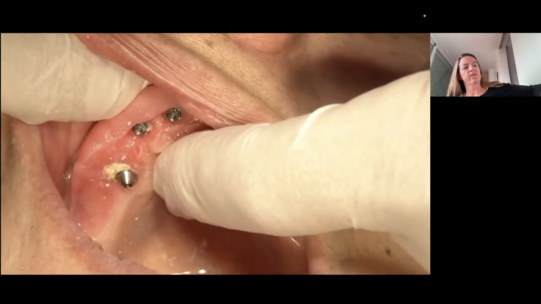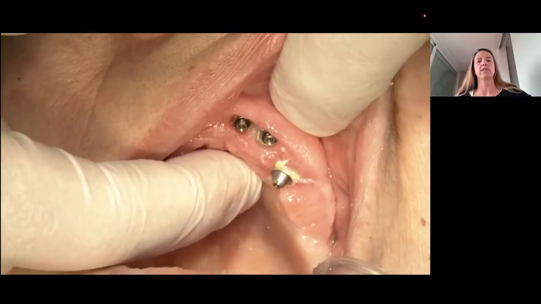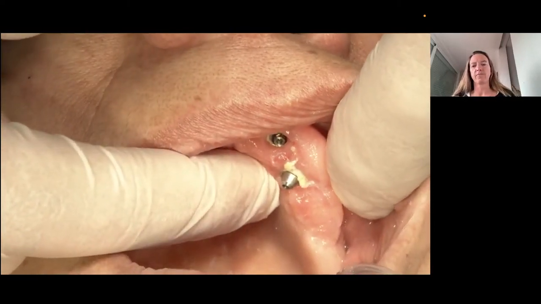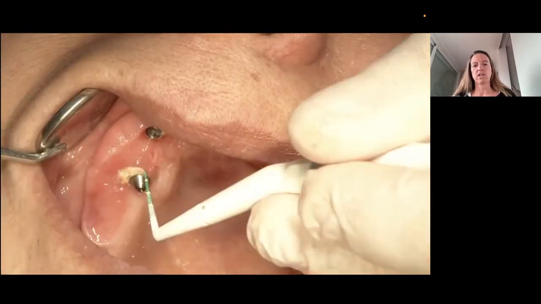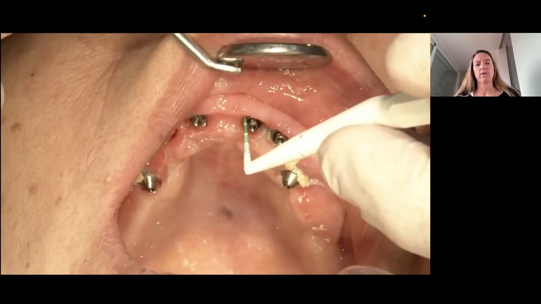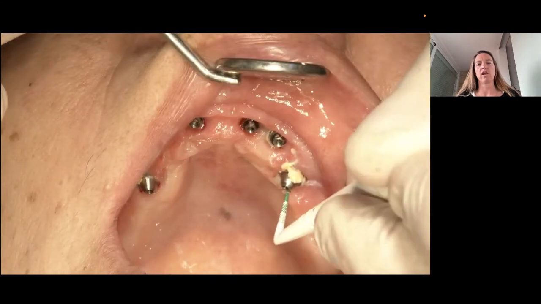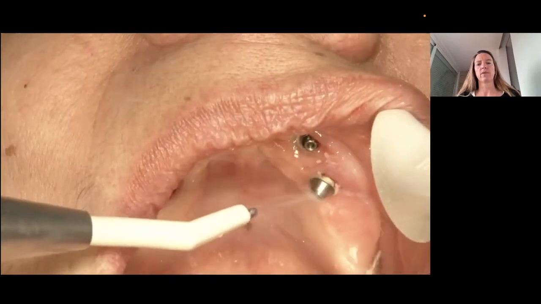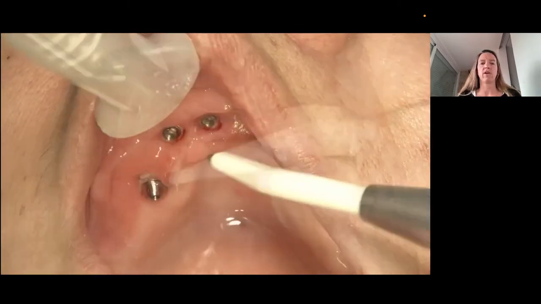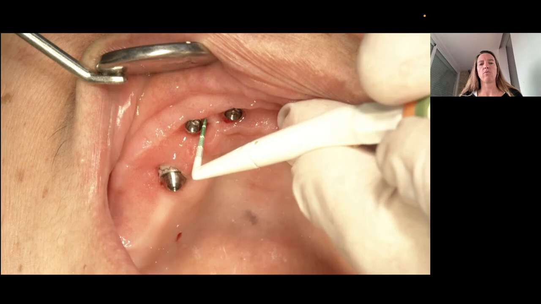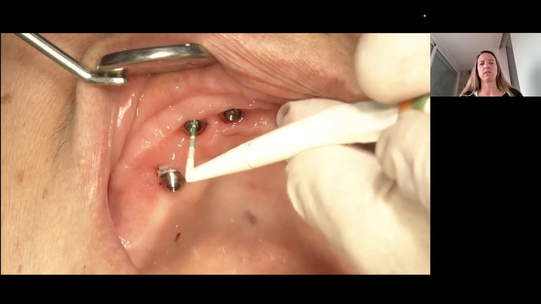We have bacterial plaque accumulation, as you can see. We check if we have any suppuration. This is just the bacterial plaque that we are going to remove. Now we see if we have any bleeding. We clean everything very well. We check and we probe around our implants.